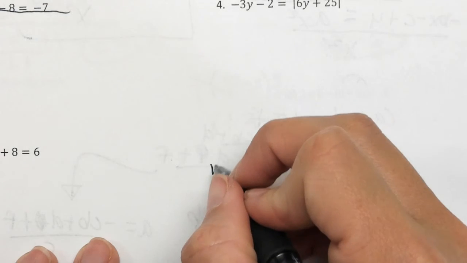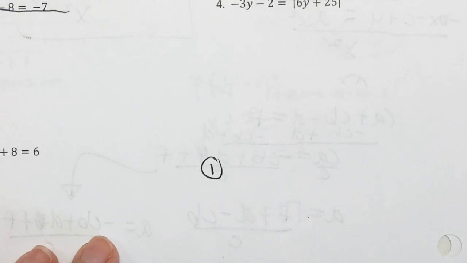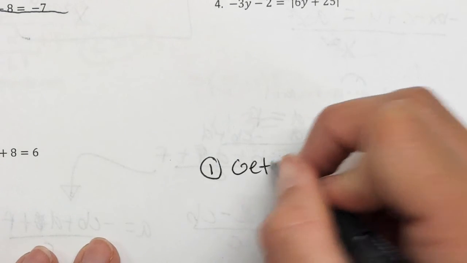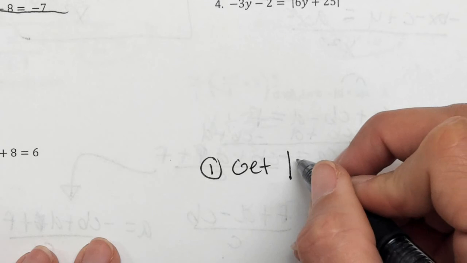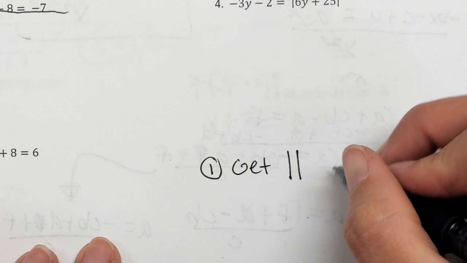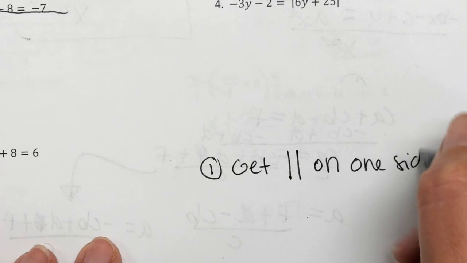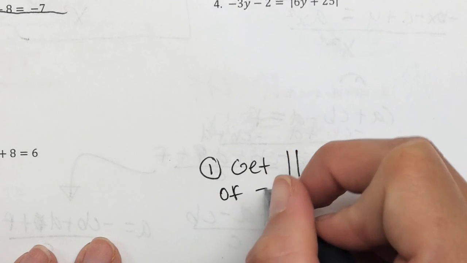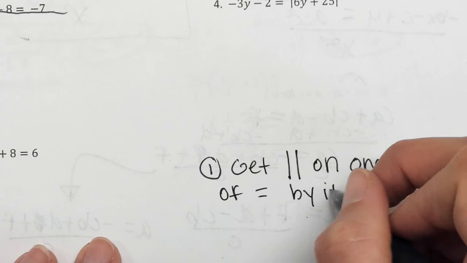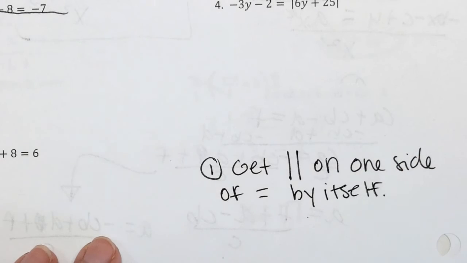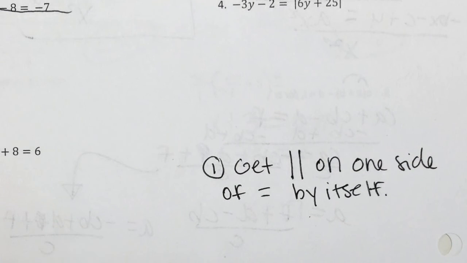So step number 1 for solving these types of problems, and these are absolute value bars in case you were wondering, get absolute value bars on one side of the equal sign by itself. And I'm not going to explain what that means till everybody copies it down, because I don't want you to be writing and then try to hear what I'm saying.